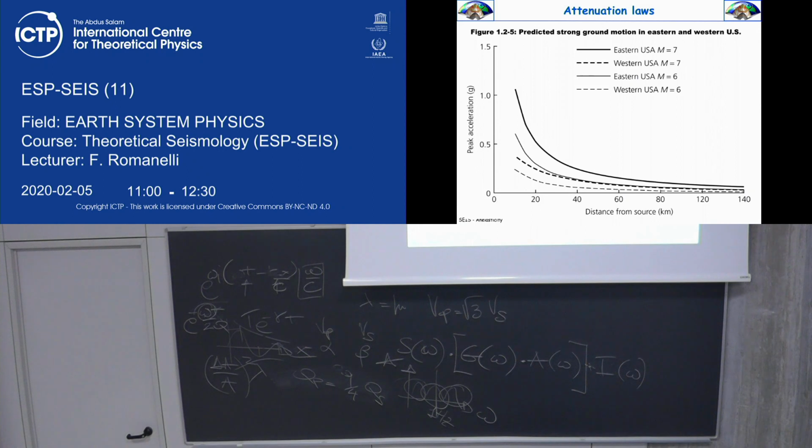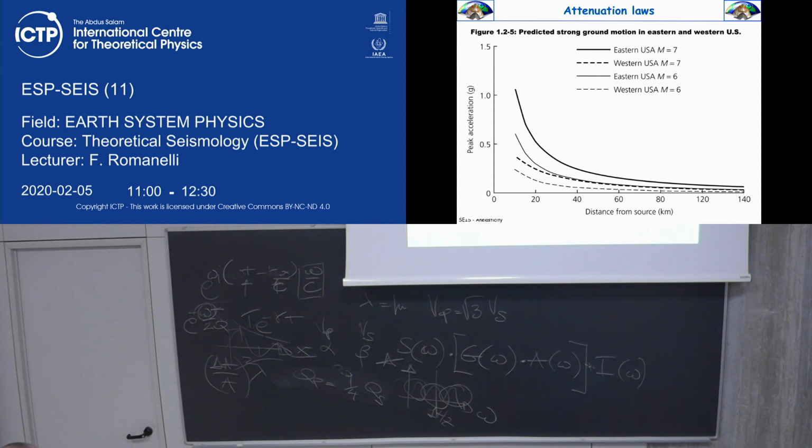Now what do we see here? Peak acceleration, that in the next slides could be called PGA, peak ground acceleration. And you look at east and west, low Q, high Q. Same magnitude, and look at the difference.